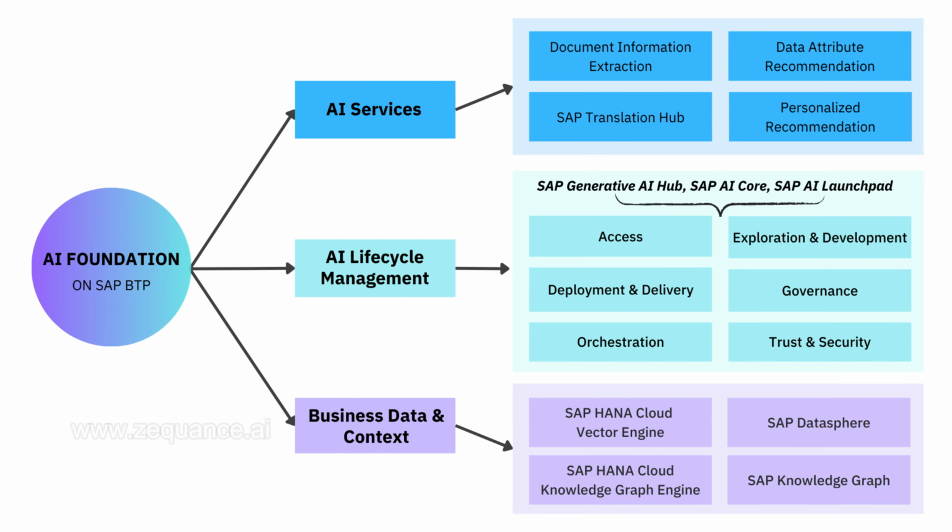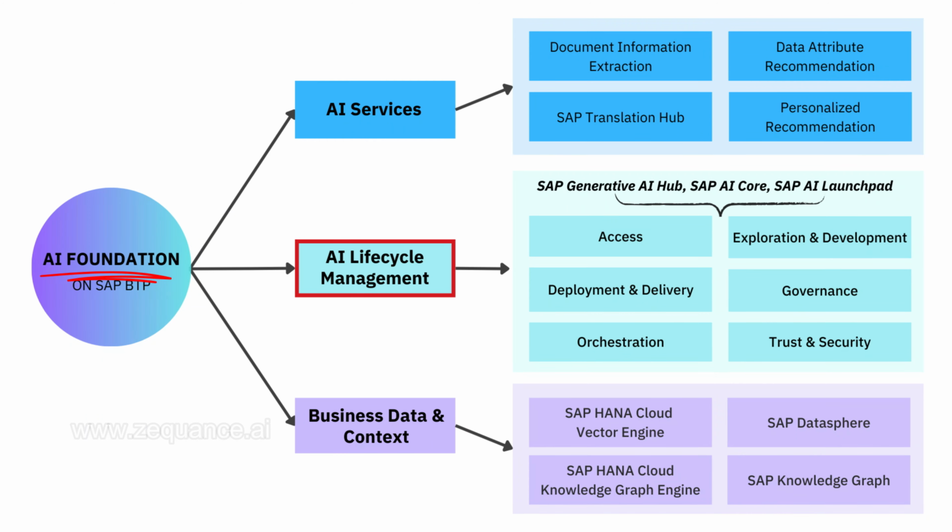Before we get started, let's briefly revisit the SAP AI Foundation from our earlier sessions. The SAP AI Foundation provides a suite of tools and services designed to help developers build and manage AI-powered applications on SAP BTP, including SAP AI Services, AI Lifecycle Management, and integration with business data and context.